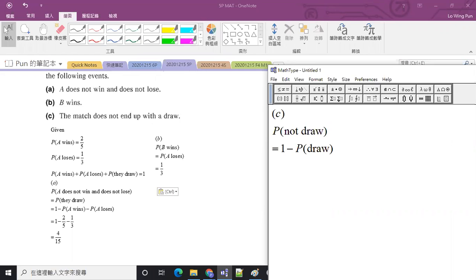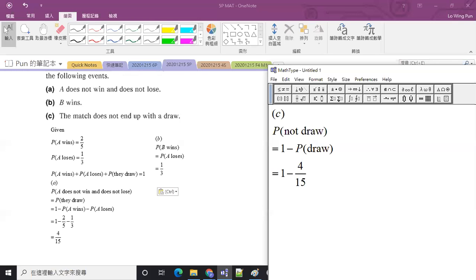The probability of not draw is exactly equal to 1 minus the probability of draw. So that should be equal to 1 minus, what is the probability of drawing the game? It is actually 4 over 15, right?